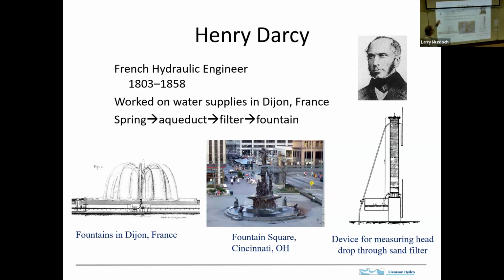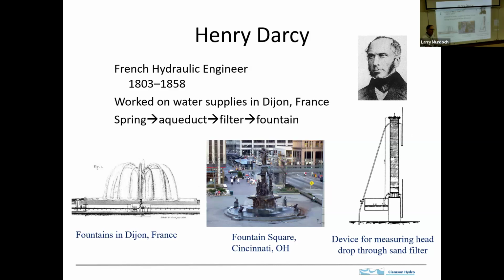Back in those days, the water supply situation was a lot different than it is today. You didn't have running water in your house. That was coming later. They had pipes, but it was difficult. It was complicated to make pipes, so you couldn't really have pipes going in your house.